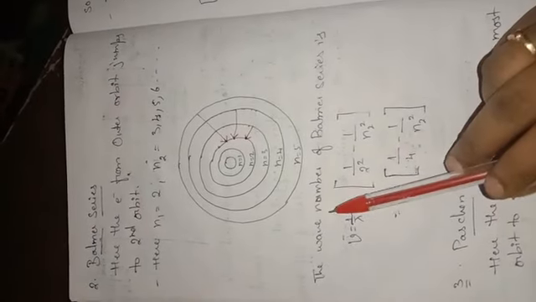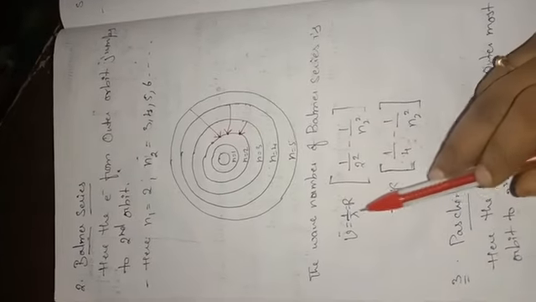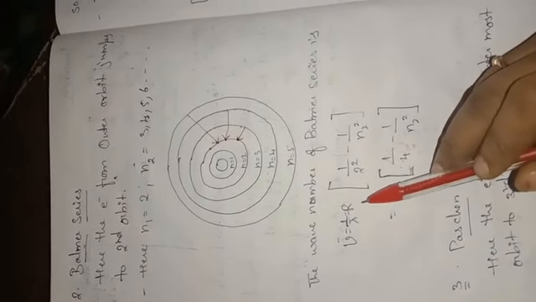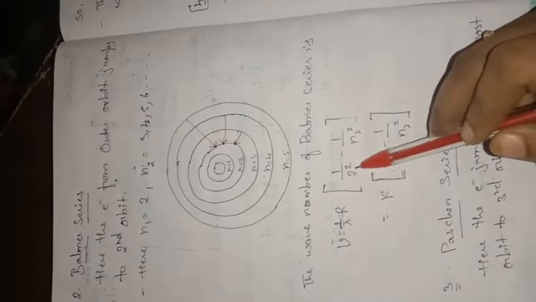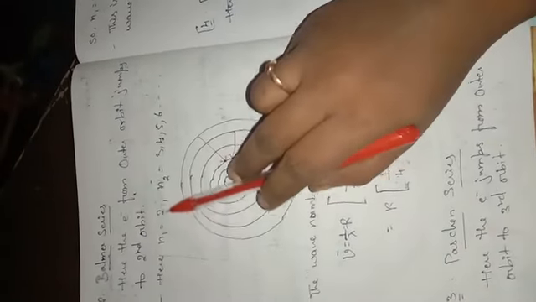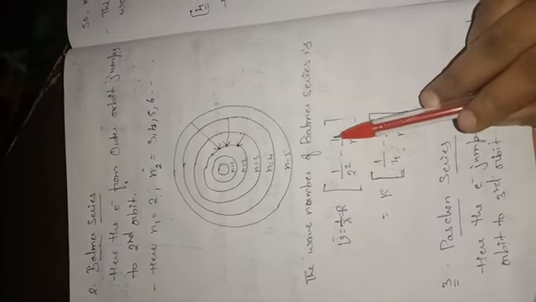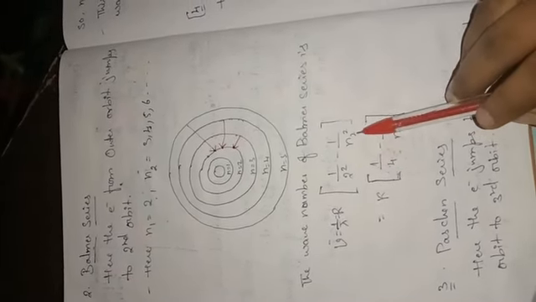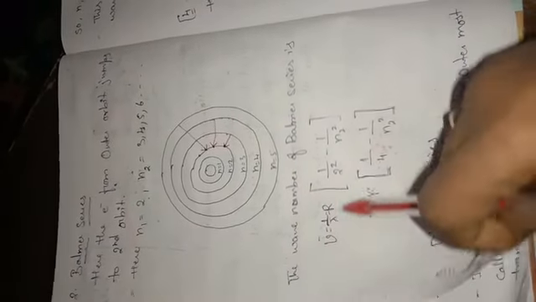So here the wave number of the Balmer series is nu bar equals 1 by lambda equals R into 1 by 2 square minus 1 by n2 square. Why I wrote 2 square here, children? Because here n1 equals 2. n2 may be 3, 4, 5, 6. Did you remember the formula?